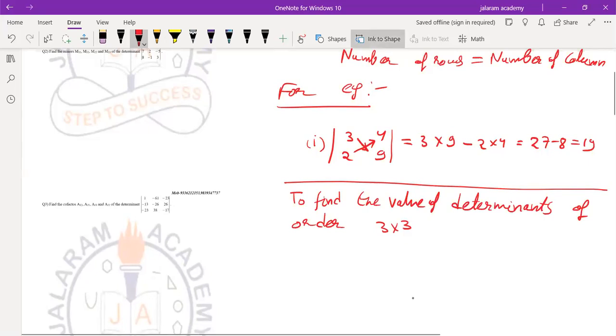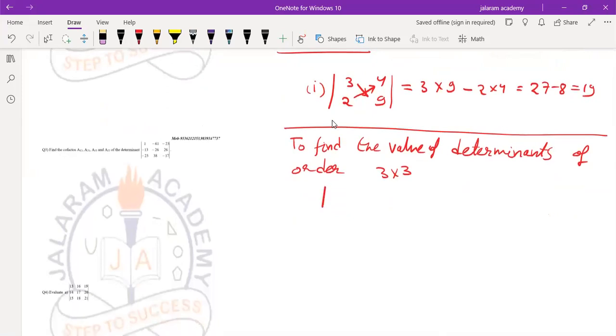Determinants are always denoted by two parallel straight lines. Remember, the bracket is written like this. And then there will be 3 rows and 3 columns.